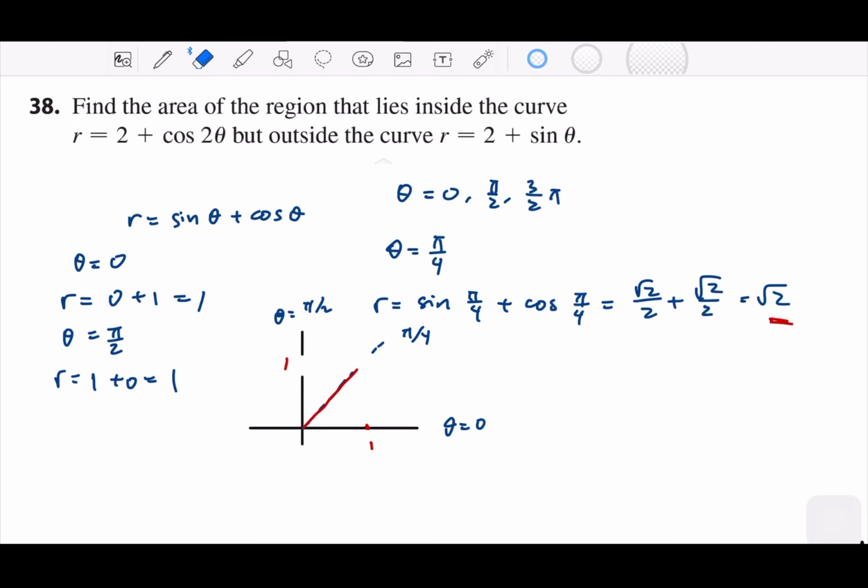It goes through like a circle. And it's actually a circle.